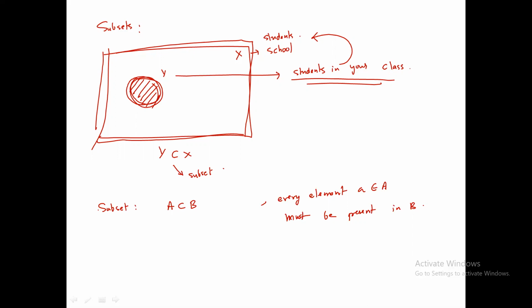All the elements of A must be present in B also. Then we can say A is a subset of B. Or I can say if x belongs to A, then it implies x belongs to B also. This is the subset definition.